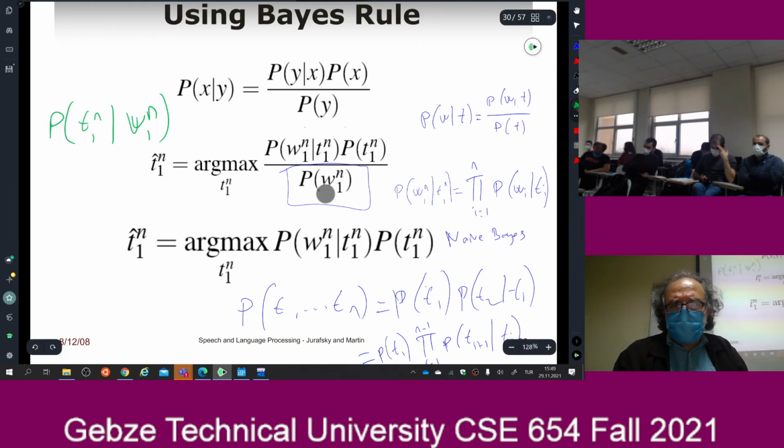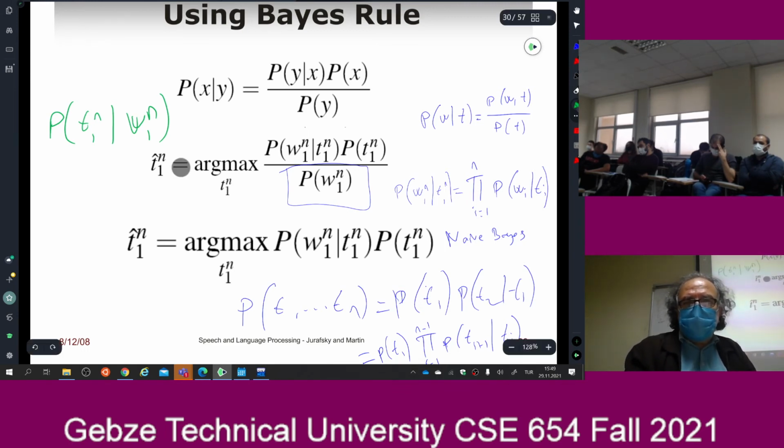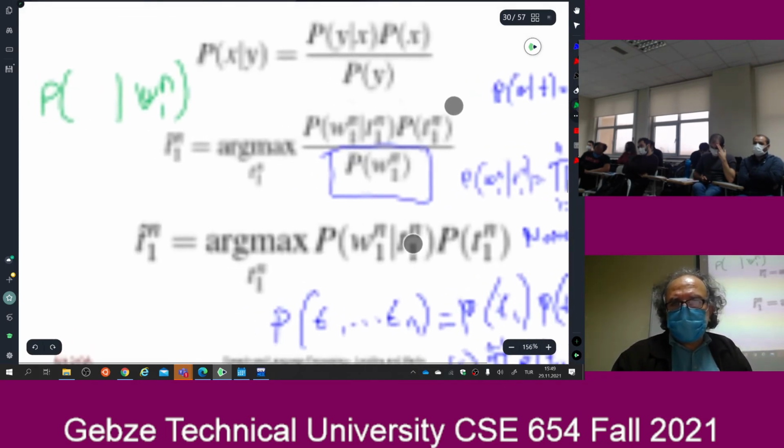Did you get that one? Ignore this part. Why are we ignoring this? Because this one is the same as this one. This is not an approximation, see? This is exactly equal to this one, and this one is exactly equal to this one, so I am ignoring this lower part, the denominator.